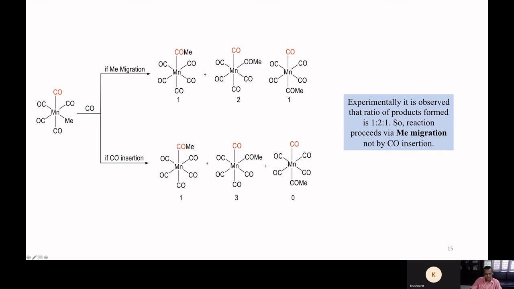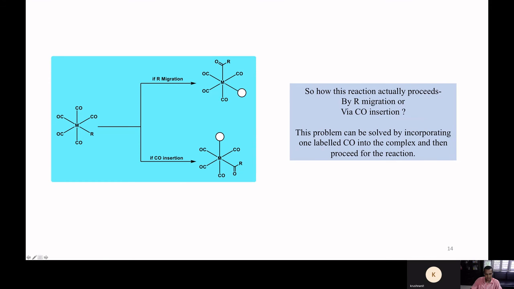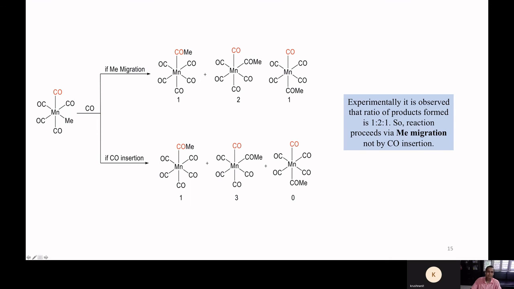As I said, it doesn't matter whether R moves or CO moves, the vacant position, since it is done under CO, will be taken by new CO, which is not labeled CO. What is happening here is, if CO migrates, what will happen?